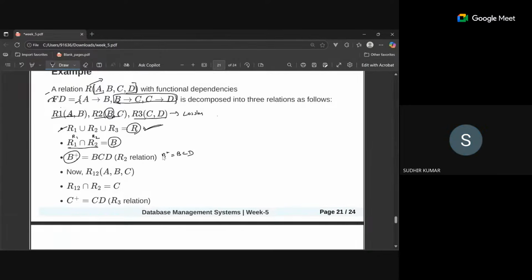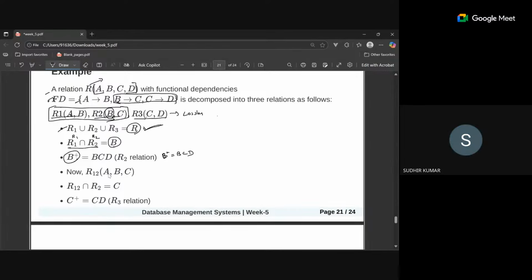As we have three relations, R1, R2, and R3, their union should always give us R. First we are checking with these two decompositions whether it is lossy or lossless. If it is lossless, then we'll move to R3.